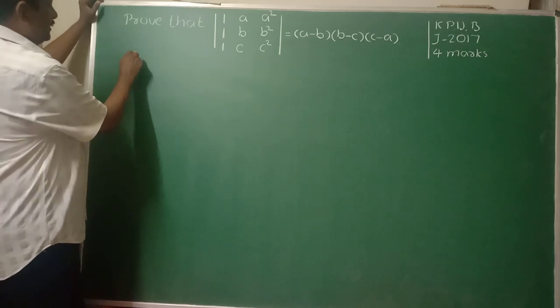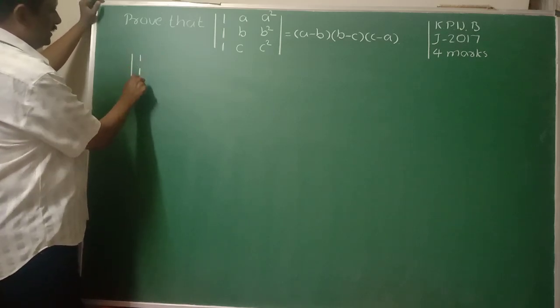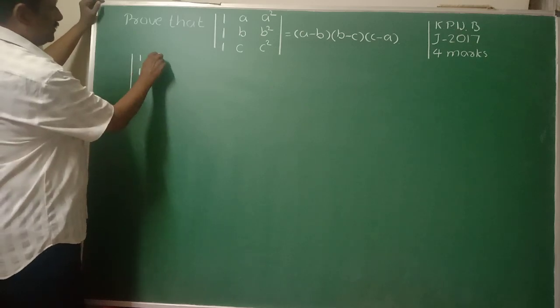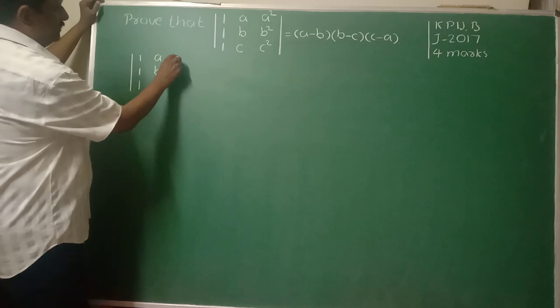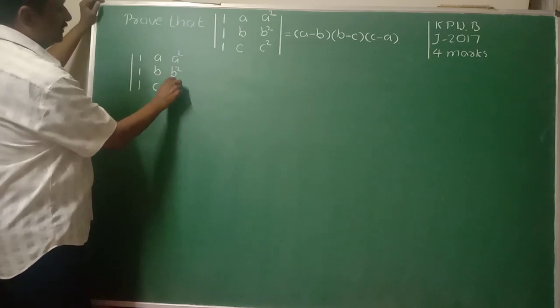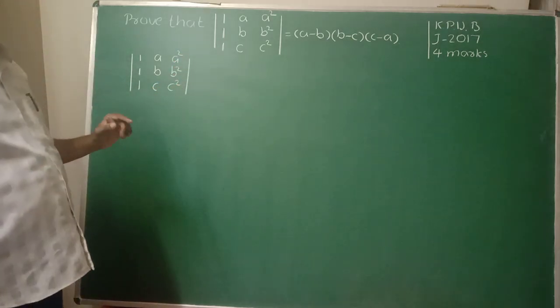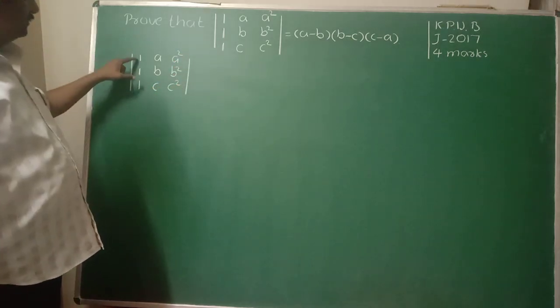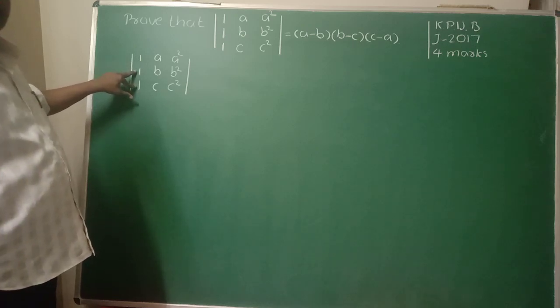Therefore, take the determinant. First column elements are 1, 1, 1, second column elements are a, b, c, third column elements are a square, b square, c square. If any row or column has 1 and 1 like this, make terms 0 by subtracting each other.